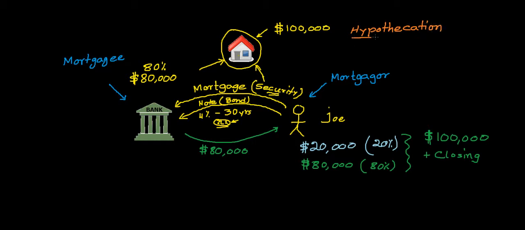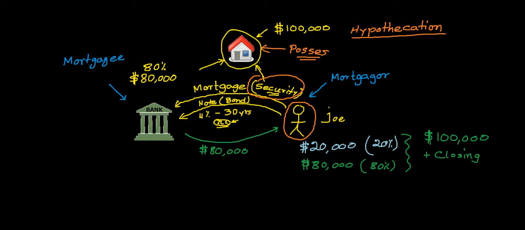This process says that you're going to take the property as a security, but at the same time Joe can live there. He's going to possess it, he's going to live there.